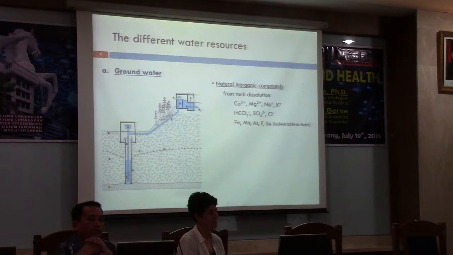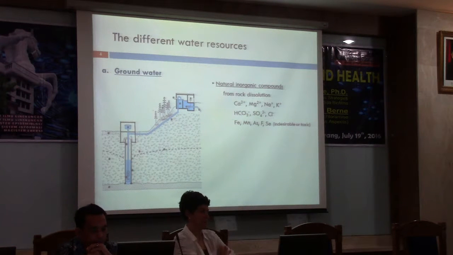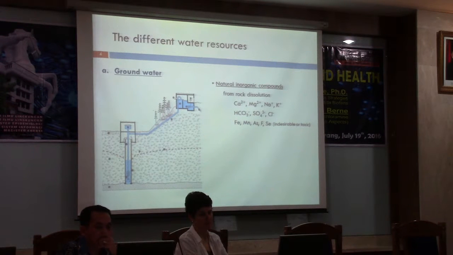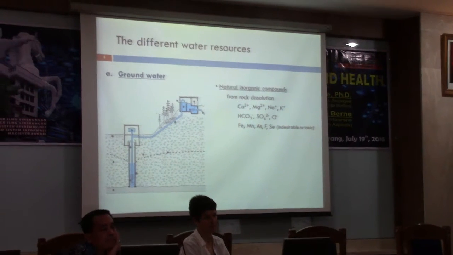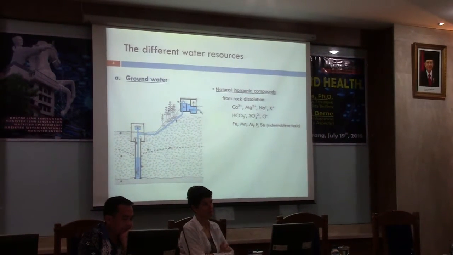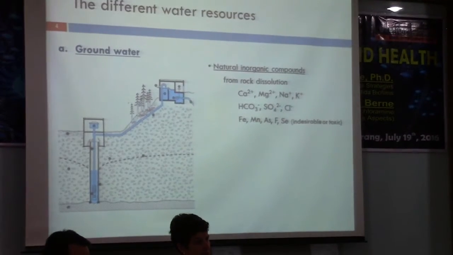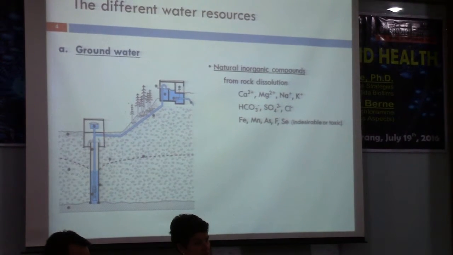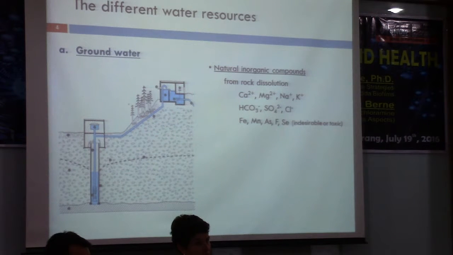There are natural inorganic elements coming from the rock dissolution, that is to say, for example, calcium, magnesium, sulfate, chloride. Some of these compounds are undesirable, like iron or manganese, for example, because they give a color to the water, red, for example, for iron and black for manganese. And some of these natural inorganic elements can be toxic, for example, arsenic.